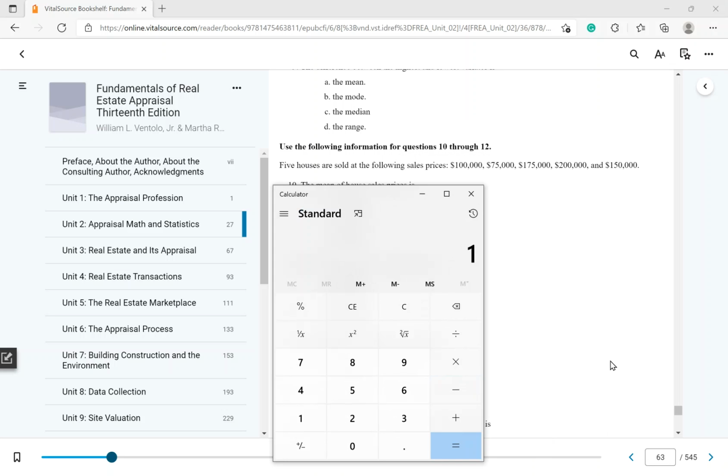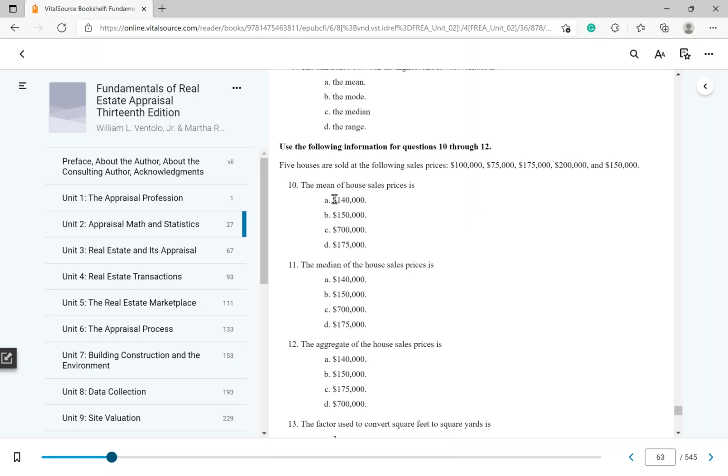And since they all end in 000, I'm not even going to include that right now, just to make my math easier. I did that wrong, it's plus. Okay. So I got 100 plus 75 plus 175 plus 200 plus 150 is 700,000. Divided by 5 is 140, and I've got to add my 3 zeros back in.